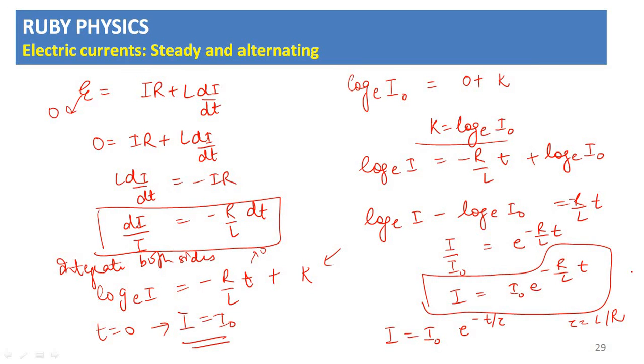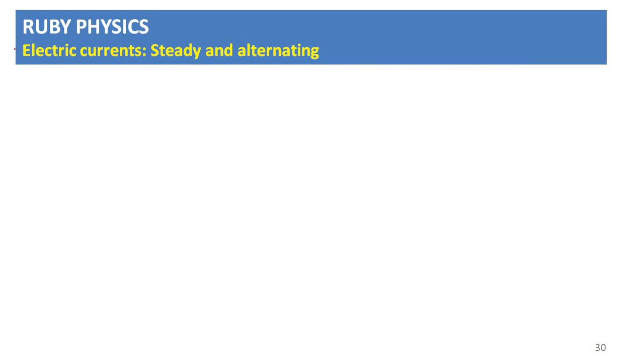To find the value, using tau is equal to L by R equal to t, we put this value in the decay equation, the minus R by L into t. So I can write it as I naught e to the minus t by tau, so it will be I naught e to the power minus 1.